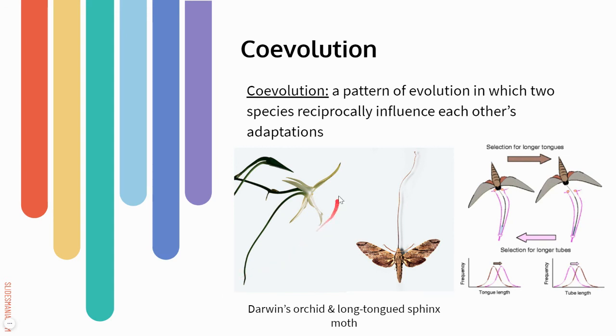And also for the plant itself, the pollination is going to occur up here with the base of the proboscis. And pollination occurs more effectively if the moth has to really get into the flower so that the base of its proboscis is pressed up against where the pollen is in the plant. So for the plant, the pressure is for it to have a longer nectar tube, and that way the moth is forced to really, really reach in there for the nectar, and then the pollination will occur more successfully.